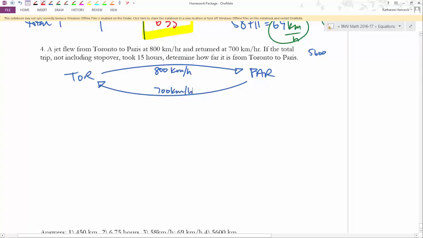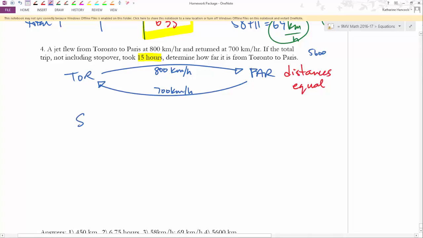And I know the distances are going to be equal. Because it doesn't matter there or back, we're going to assume it's the same distance. If the total trip, not including stopover, took 15 hours, so there and back, my time is 15 hours, determine how far it is from Toronto to Paris.